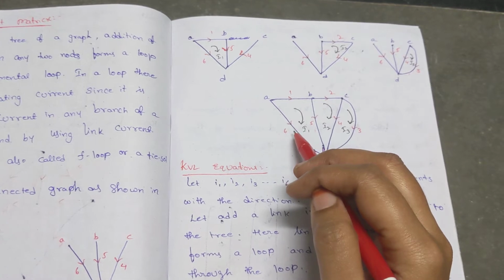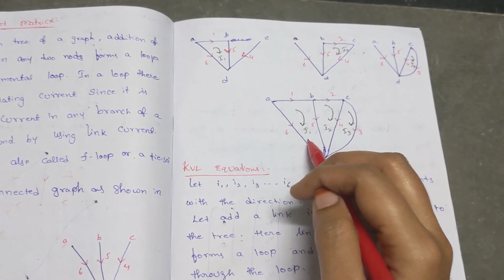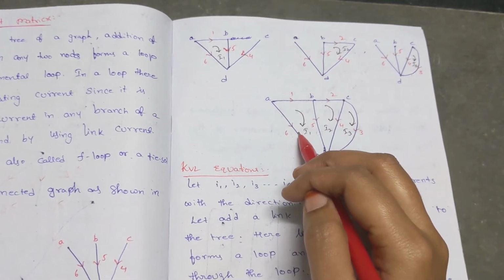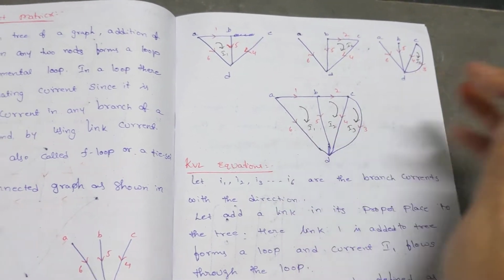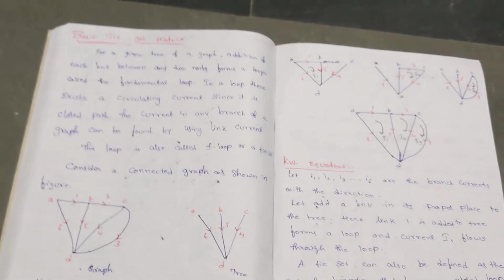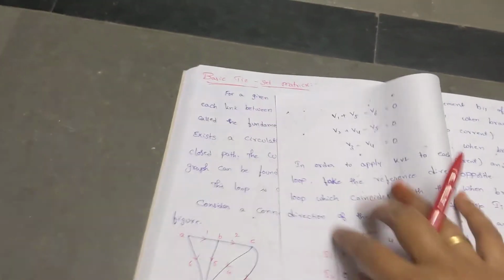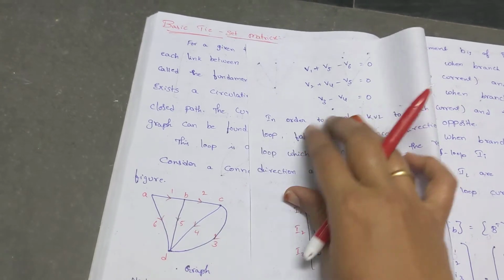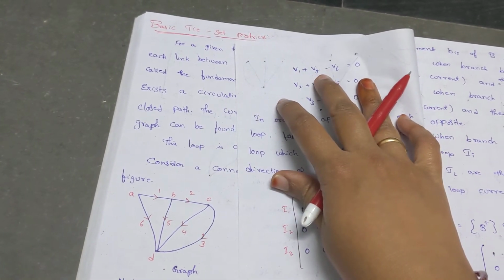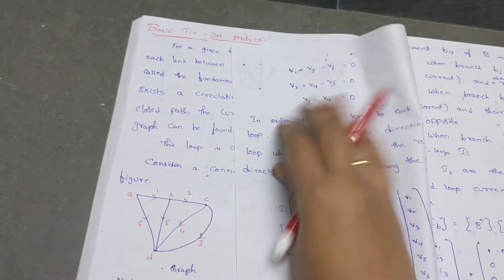When it comes to your sixth branch, your loop current and branch current are opposite to each other, so we consider it as minus V6. So please observe this once. Your direction is assumed this way: V1 plus V5 minus V6.